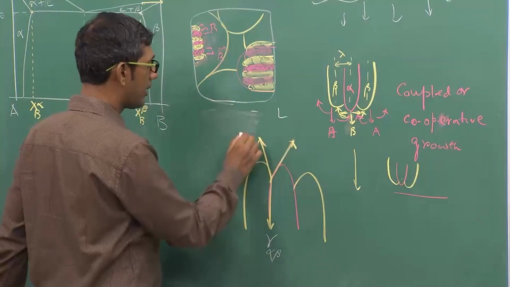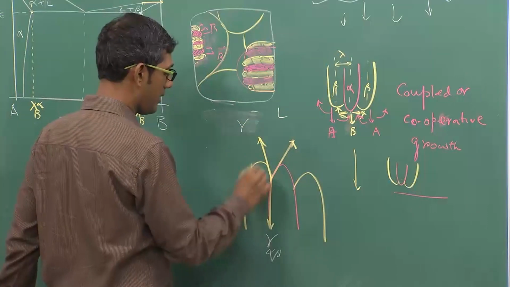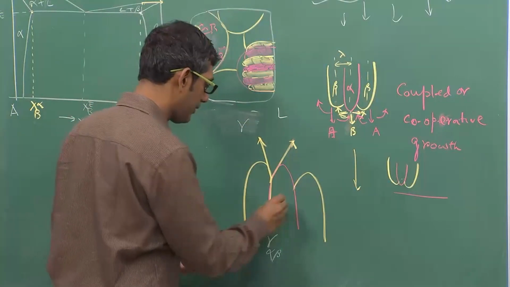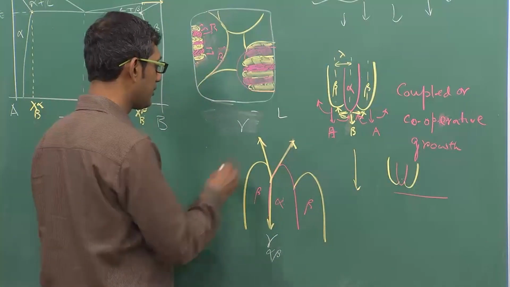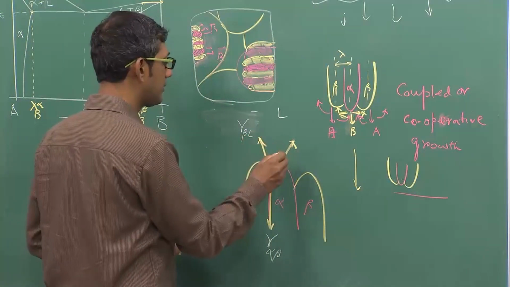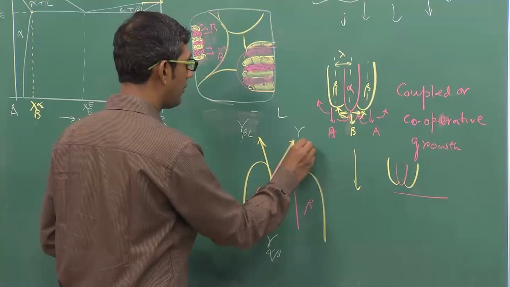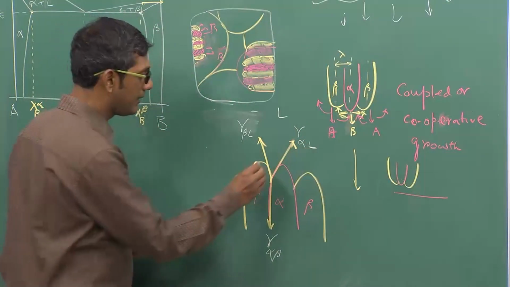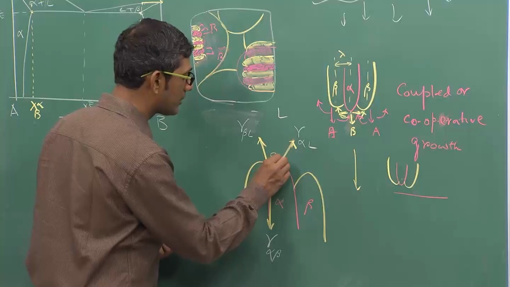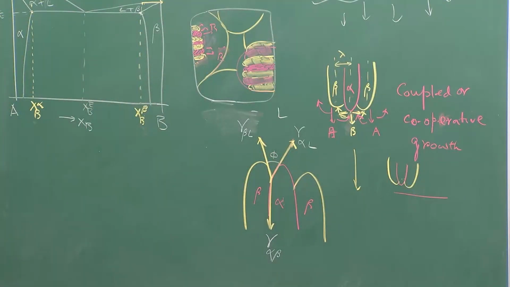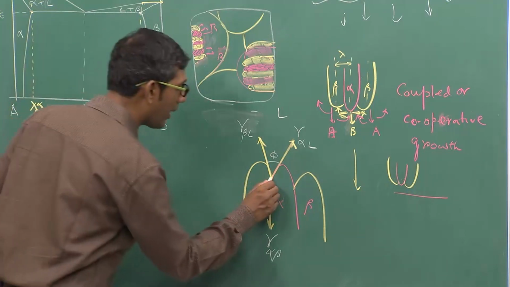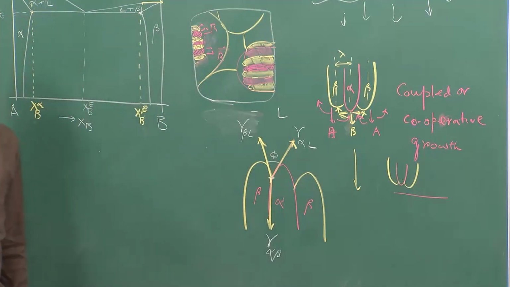This is your alpha, the central one, these two are beta. So this is the interfacial energy of beta liquid, this is the interfacial energy of alpha liquid. And if this angle is subtended by these two, then at this point these three interfacial energies must be balanced.